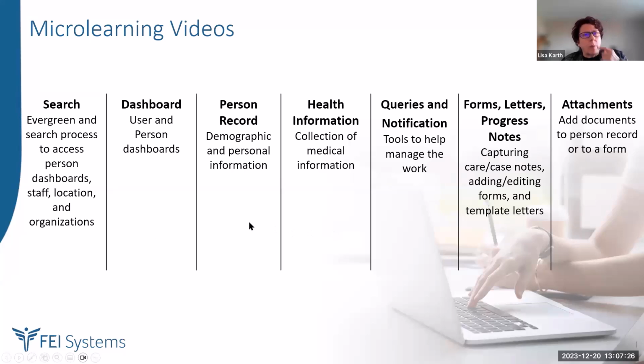There's then the person record, and this is where all the person's demographic and personal information is collected and stored. There's a health information section, and it's the same thing. It's where the health information is collected and stored so that multiple people have access to it.